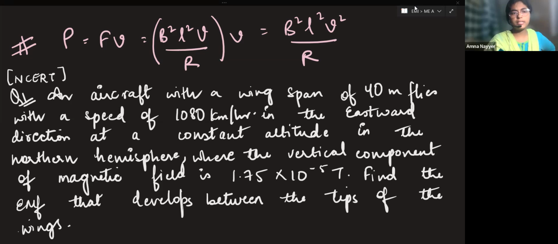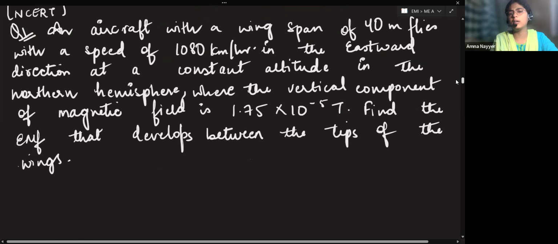This question says an aircraft with a wingspan of 40 meter flies with a speed of 1080 kilometer per hour in the eastward direction at a constant altitude in the northern hemisphere, where the vertical component of magnetic field is 1.75 into 10 to the power minus 5 Tesla. You have to find the EMF.